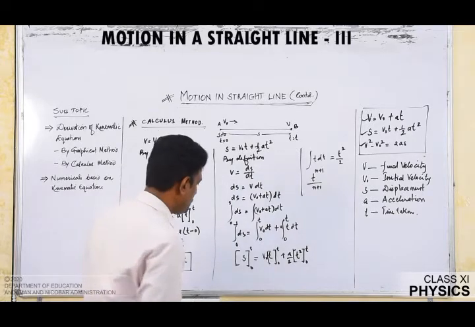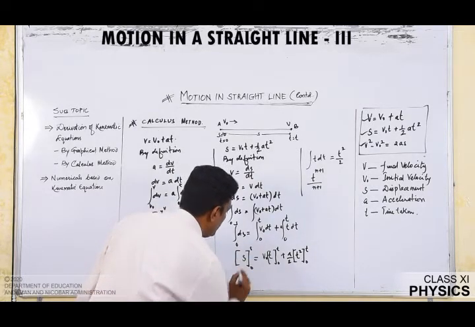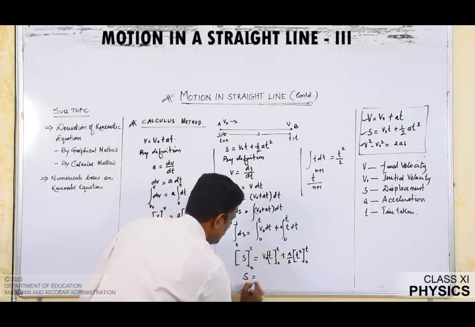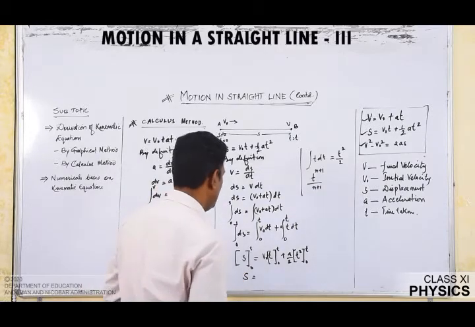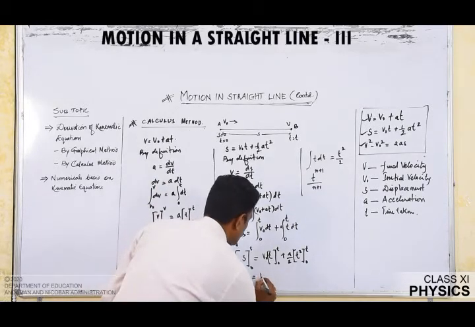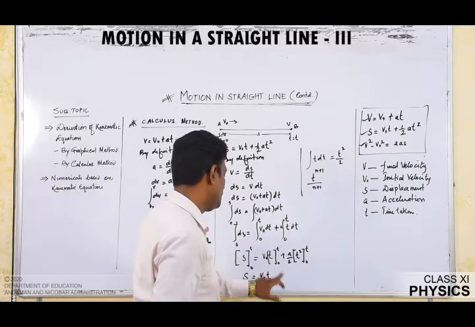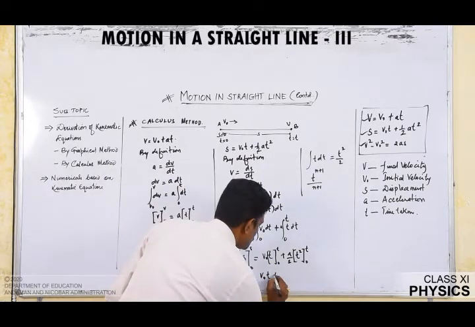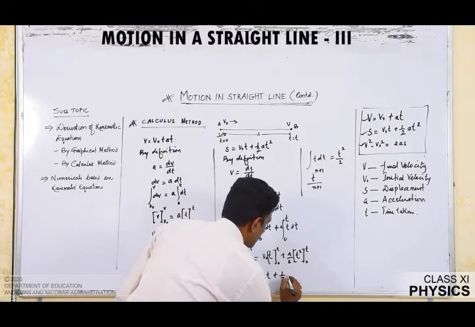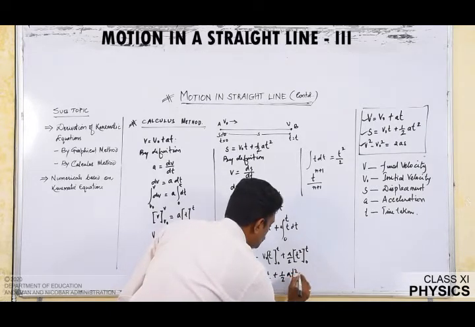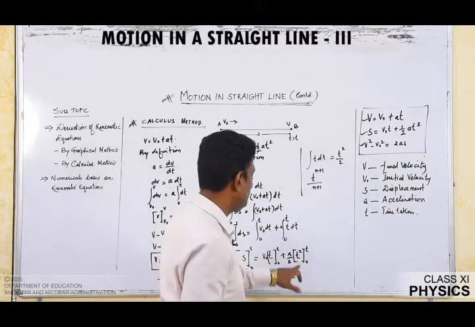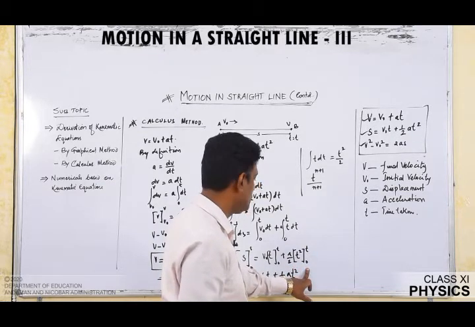Now, giving the limit, upper limit minus lower limit, that is s, here it is 0, neglecting that, that is v naught t, 0 term is neglected, plus half a t square. Why? Because upper limit t square minus lower limit 0.